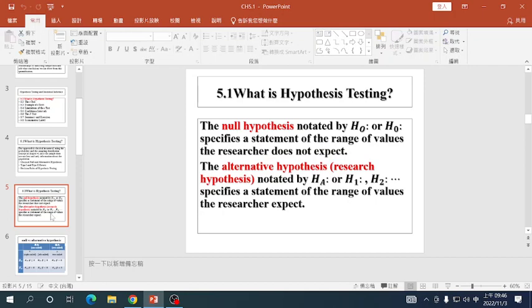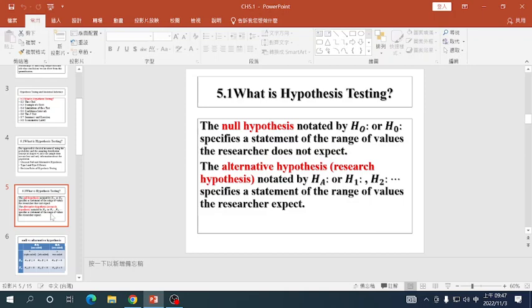Since the statistic beta hat will vary with different samples, we have the sampling distribution of the beta hat. With that theory, we can do the hypothesis testing here. I'm going to use the distribution of the beta hat.